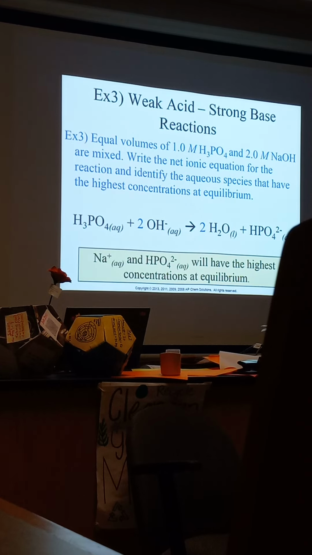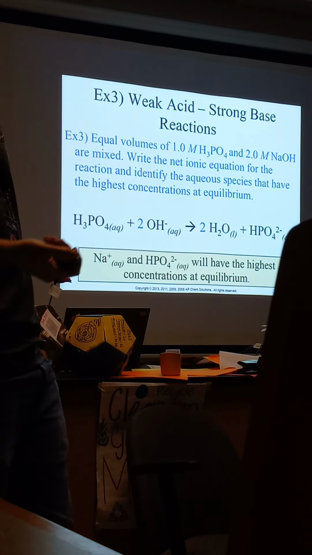What is HPO4? Is that an acid or base? HPO4 2 minus? Is it an acid? Well, that's kind of in contention, right? Because here, H2PO4 1 minus is technically the acid because the NaOH goes after it.